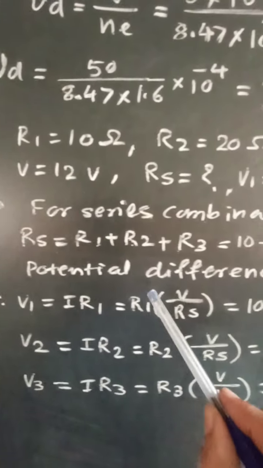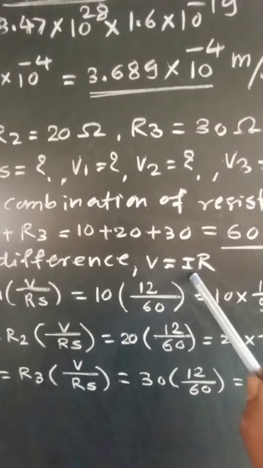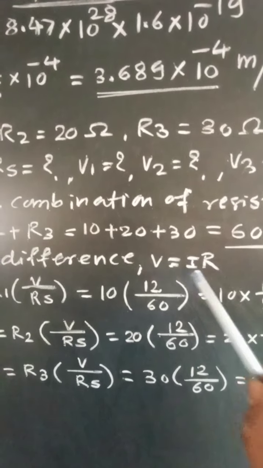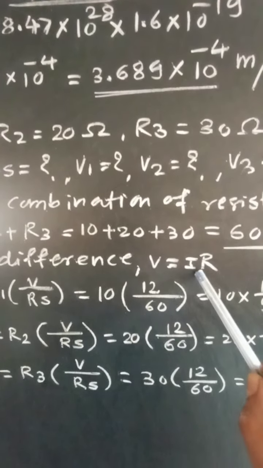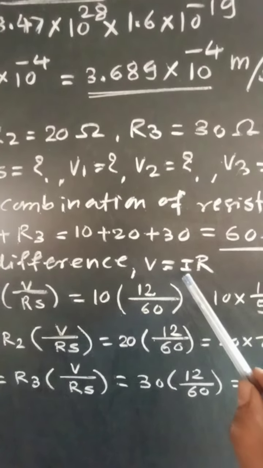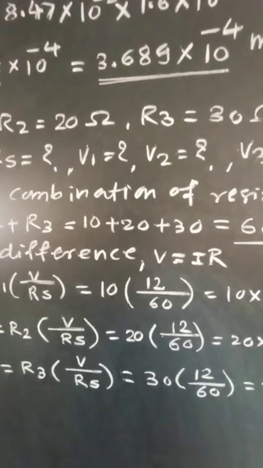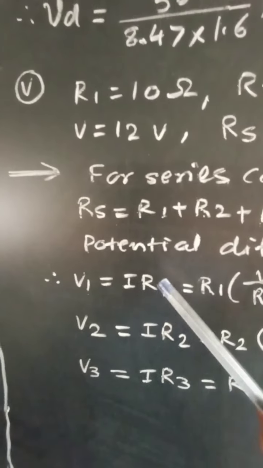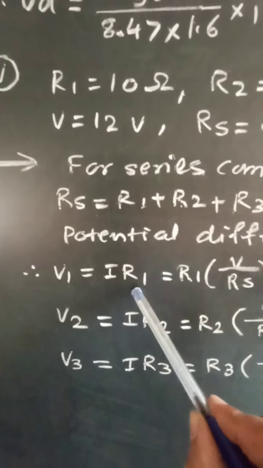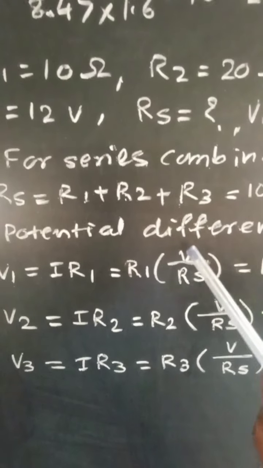Now the potential difference is given by the formula V is equal to IR. And therefore as resistances are connected in series, current flowing through all the three resistances will be same, and that current will be equal to phi upon Rs, and therefore potential across R1 will be phi1 equal to IR1, that will be equal to R1 into value of I will be V by Rs.